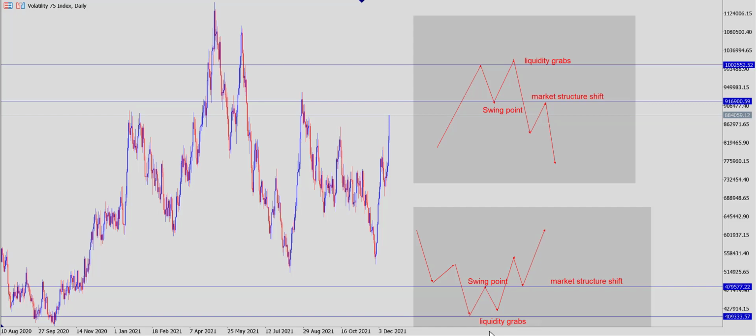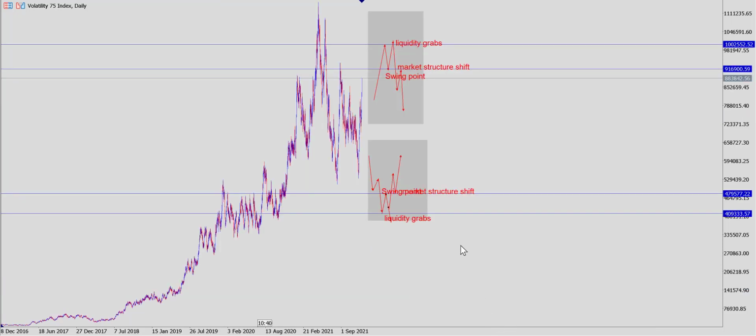If we were in a downtrend like this, if we are talking of a breaker in a downtrend like this, it would have made another lower low.